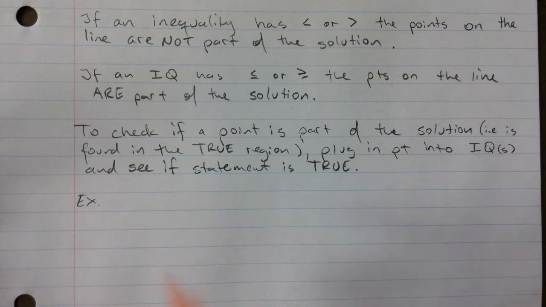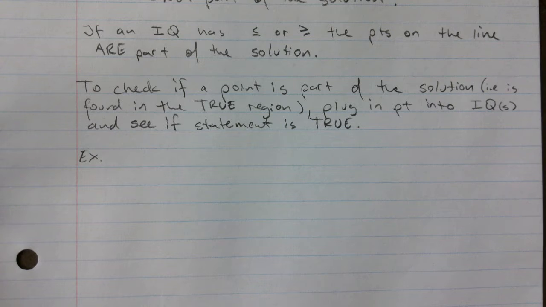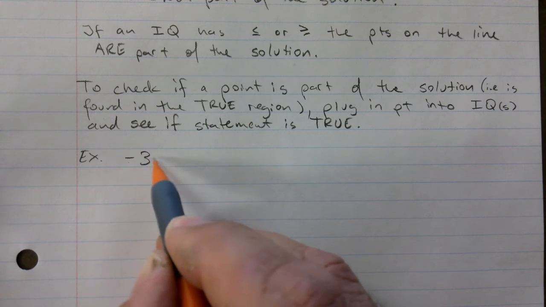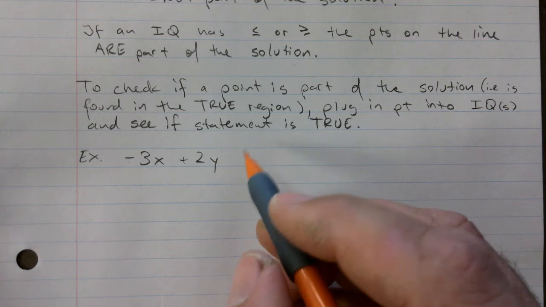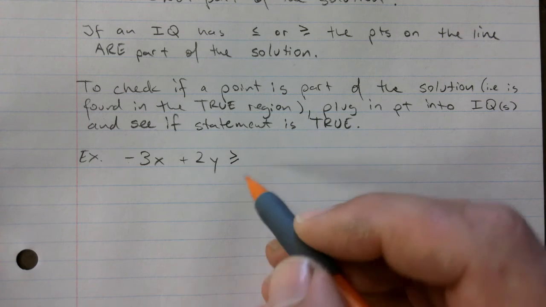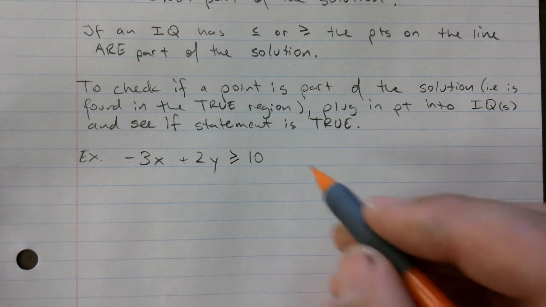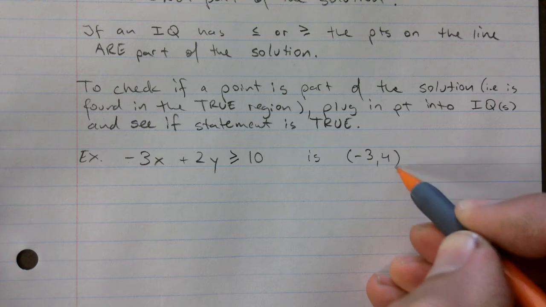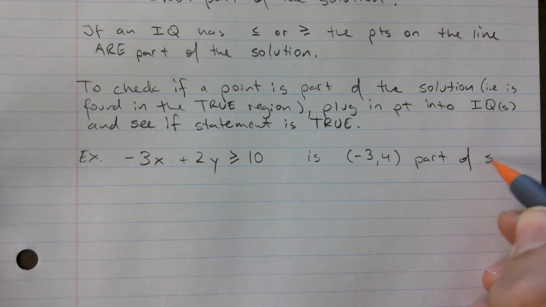Example. If you have an inequality, let's say it's negative 3x plus 2y is greater than or equal to 10, right? And you're asked, is (-3, 4) part of the solution?